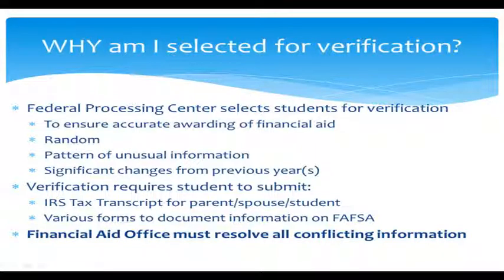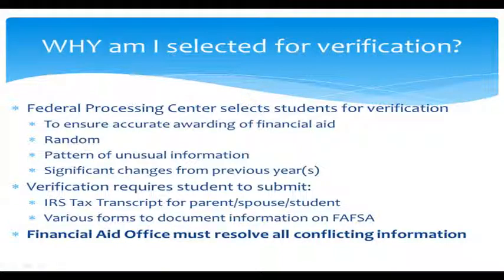Sometimes if there is a significant change from the previous year, if you did a FAFSA one year and you only had 2 people in your household, and now you say you have 7 people in your household, you might get flagged for verification because it just might look a little questionable. Maybe you made a keystroke error, maybe it was a mistake, or maybe there are valid reasons, but they just want to double check and make sure everything's accurate. But it can also be random, so it does not mean that you did something wrong. It doesn't mean you're going to have a big audit or anything like that. It just means you'll have to provide some documentation to us.